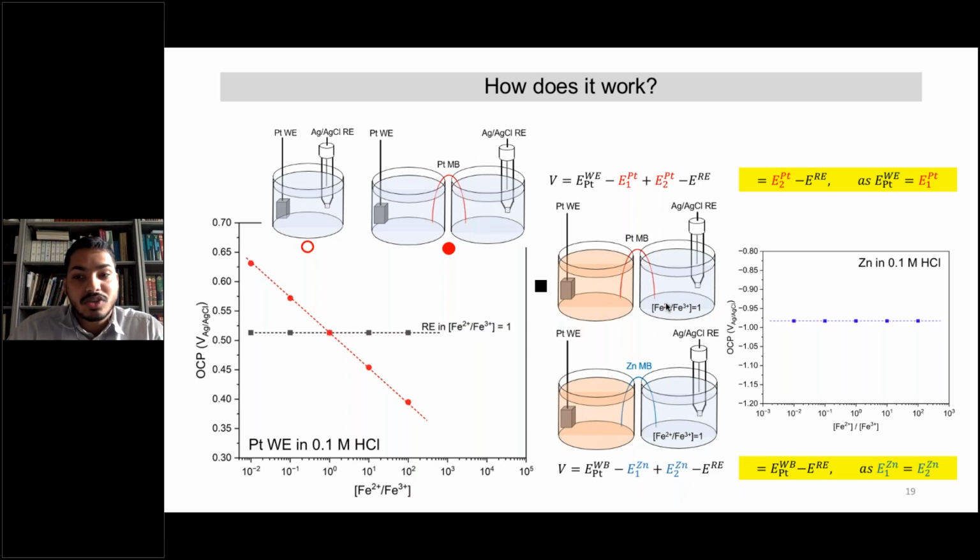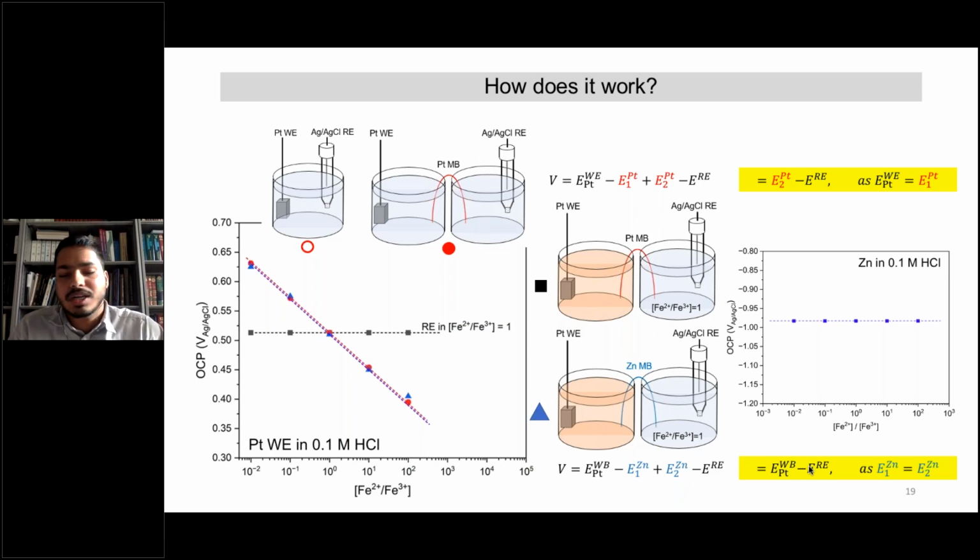So in this case, you will not have a potential offset, or the potential of the zinc metal bridge in both the beakers will always be the same, even if you change the ratio, and that can give you the same result as the conventional setup. And here is the result. As expected, yes, you are getting exactly the same result as you want to get. So yes, our simple equation does work.